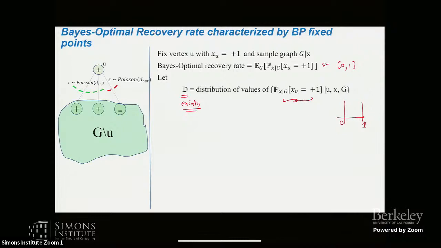Their marginal values are, by assumption, samples from D. Well, D and 1 minus D, but they're all samples given by this distribution D. And the output for your vertex is also a sample from D.